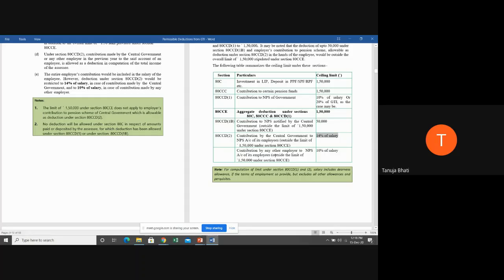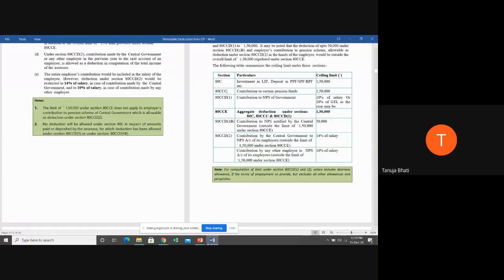And if the employer is any other employer other than the government, you can get a deduction of 10% of salary. So apart from 1,50,000, these are the additional deductions that you can get. So we have covered section 80C, 80CCC, 80CCD. Under 80CCD, we have seen 80CCD(1), 80CCD(1B), 80CCD(2).